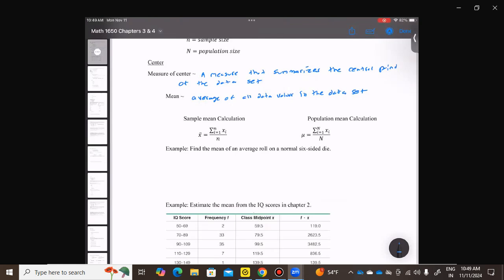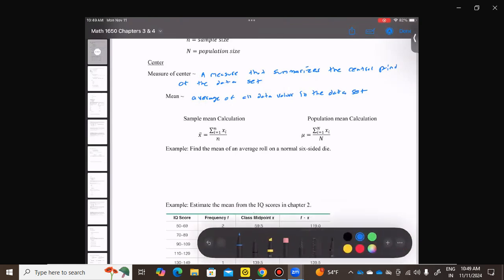Okay. Now this symbol here means sum. So all this is saying is sum every data value up, every x value up from 1 to your sample size.